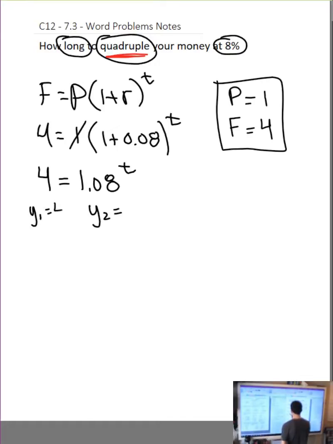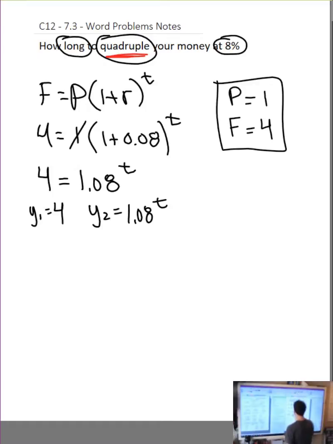So on the graphing calculator, y1 equals 4 and y2 equals 1.08 to the t. If we take out our graphing calculators and graph y equals 4 and y equals 1.08 to the exponent x, I'm just going to start with a nice, easy window, such as zoom 6, which gives us a nice 10 by 10 window.